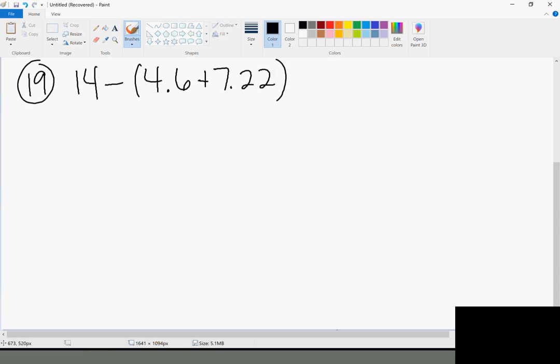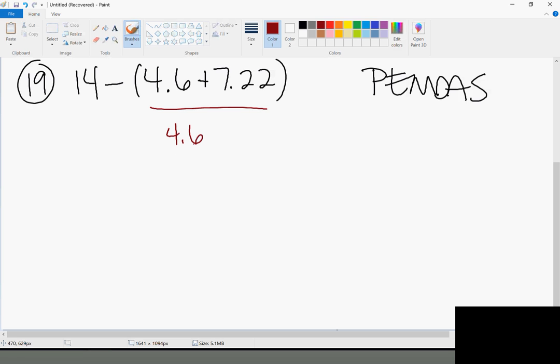Okay, so 19, more order of operations. So, let's work with parentheses first. So we have 4.6 plus 7.22. I'm going to write them vertically.